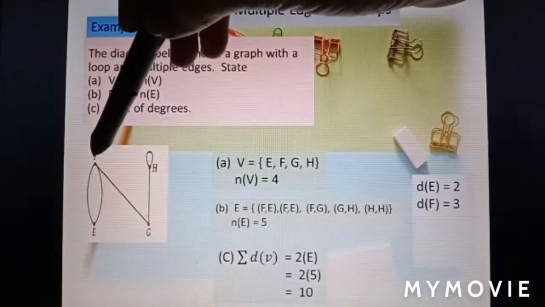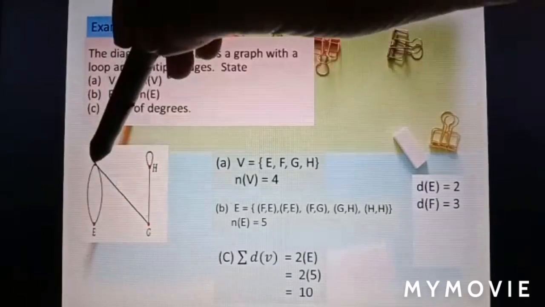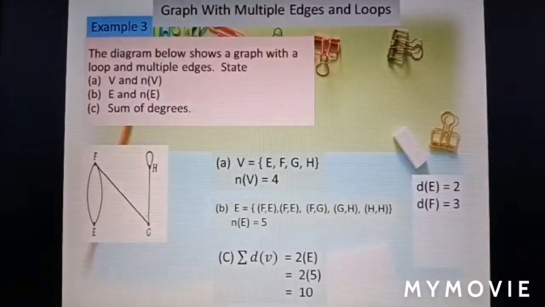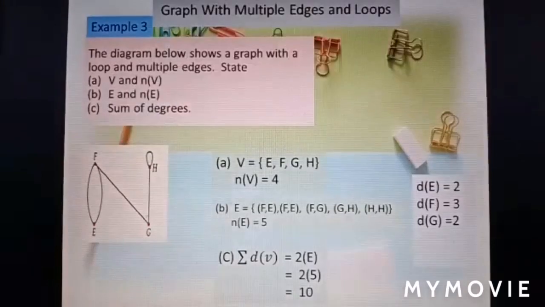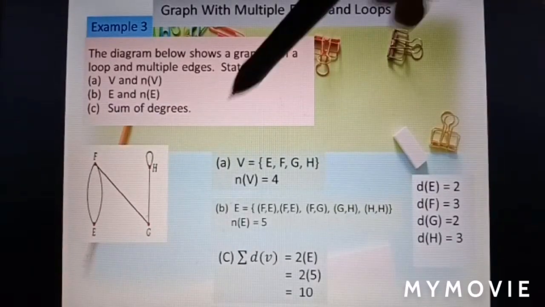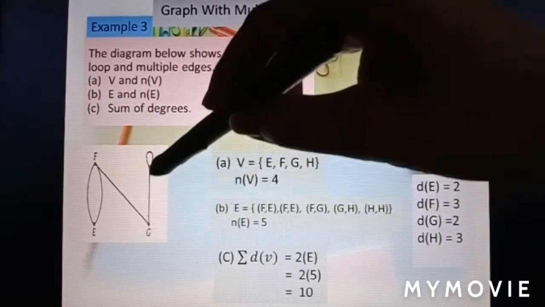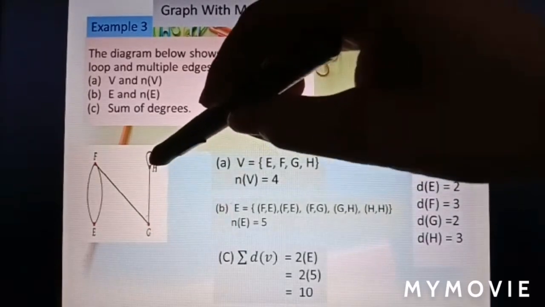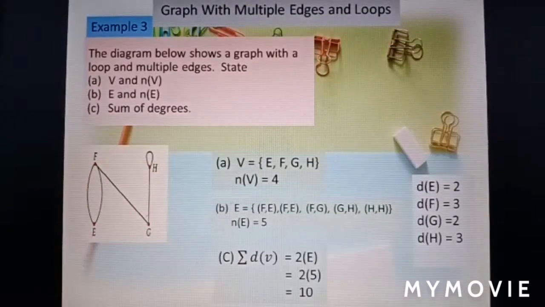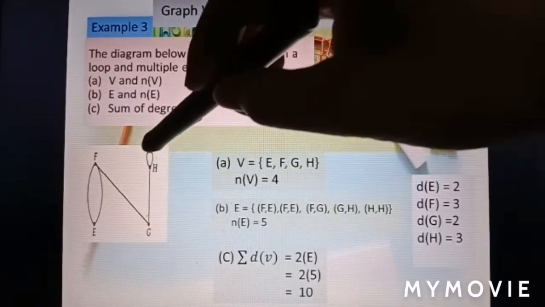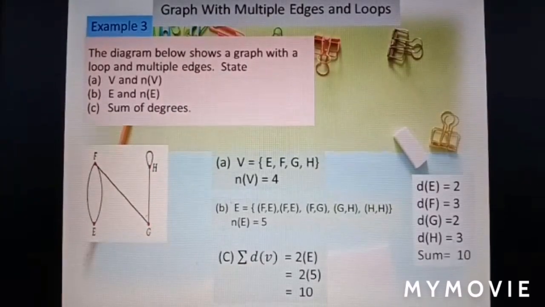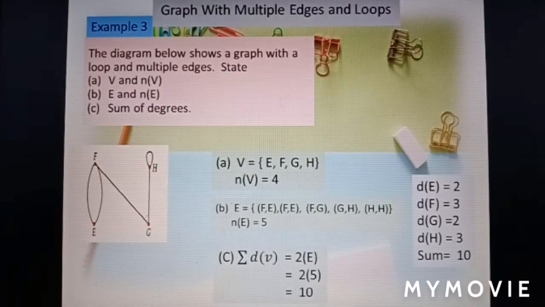Degree F here 1, 2, 3. Degree G 1, 2. Degree H 1, 2, 3. So why here we have 2? Because one is clockwise, another one is anti-clockwise. So the sum of degree equal to 10.